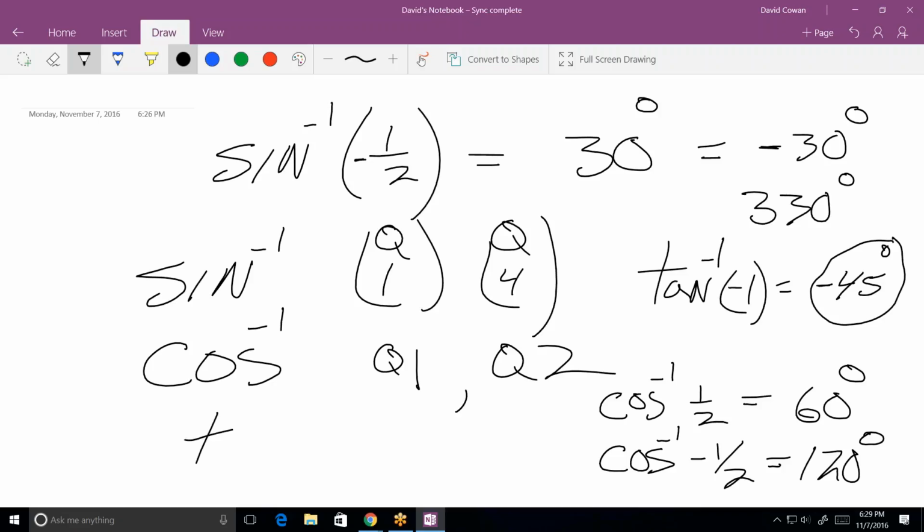If I take the tangent of 135 degrees, I also get -1. Okay. But your calculator, if you take the inverse tangent of -1, it does not give you that as an answer. You have to know that that's a possible answer, but it's only giving you the principal.